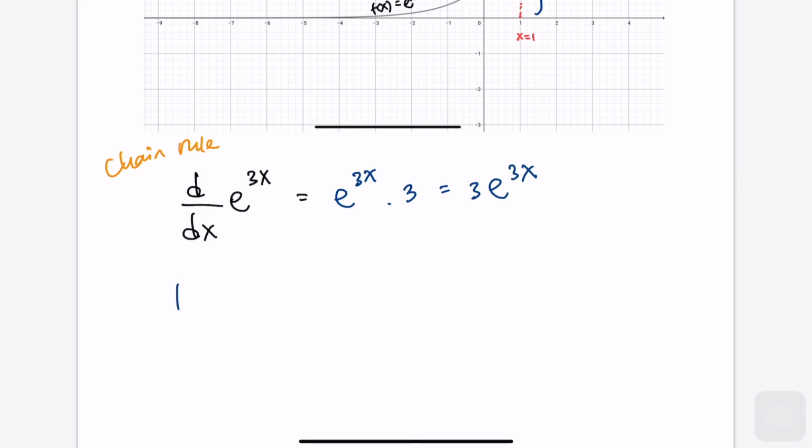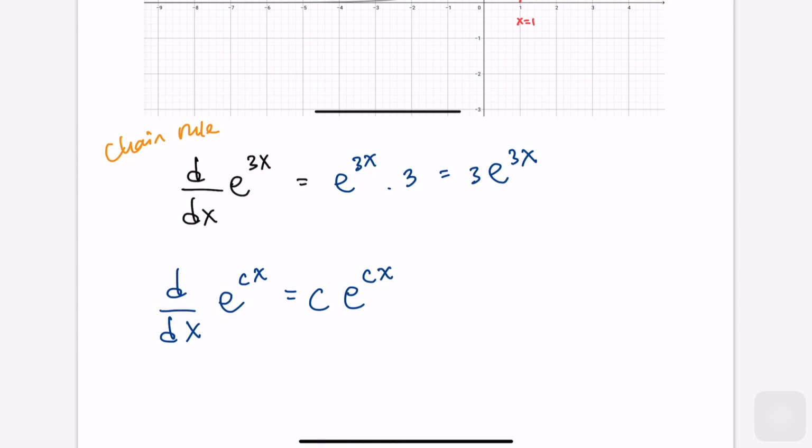So the idea is, whenever you have e with some constant times a variable, the derivative equals that constant times e to the constant times the variable. This is important in some applications.